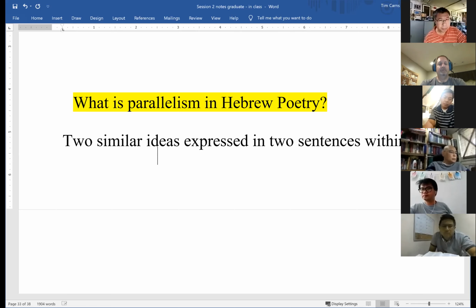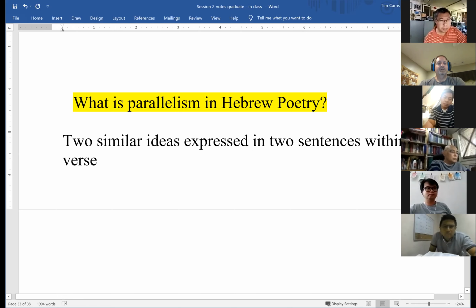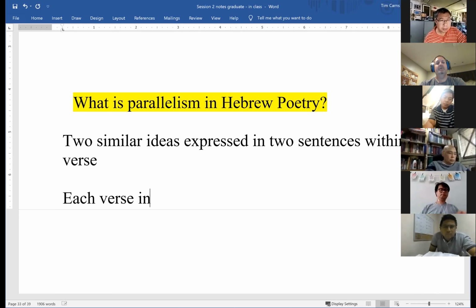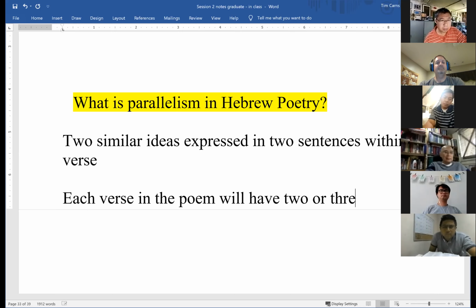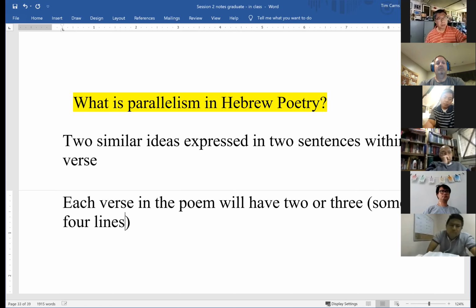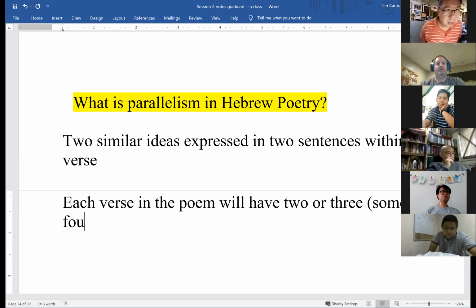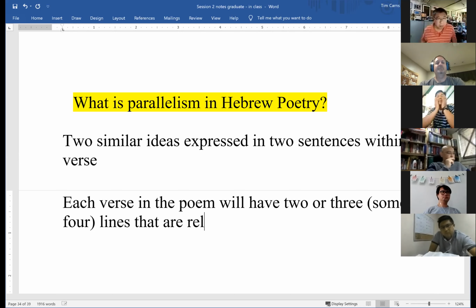Yeah, okay, good. So each verse in the poem will have 2 or 3, sometimes 4 lines that are related to each other. And here's the key: intentionally.